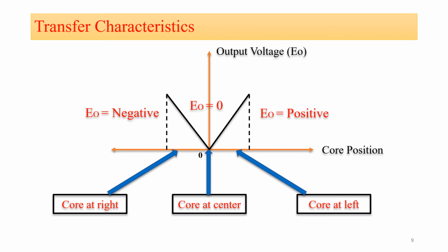Similarly, when the position of the core is at left, the total EMF induced in secondary winding 1 will be greater than that in secondary winding 2, that is EO1 is greater than EO2. That's why the total EMF will be positive. Now this is all about the transfer characteristics of the LVDT.